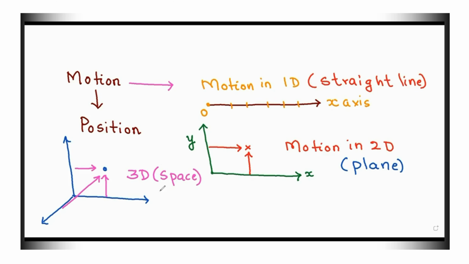But luckily we don't have this in our syllabus. We have only motion in a straight line and motion in a plane. So our second chapter is motion in a straight line, which we need to study in detail.